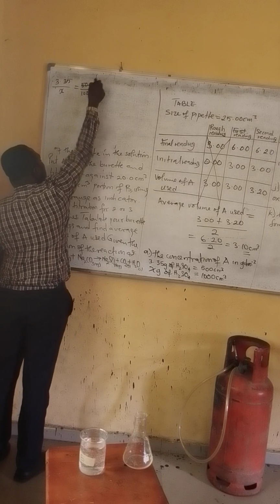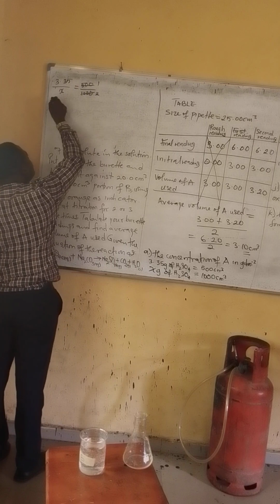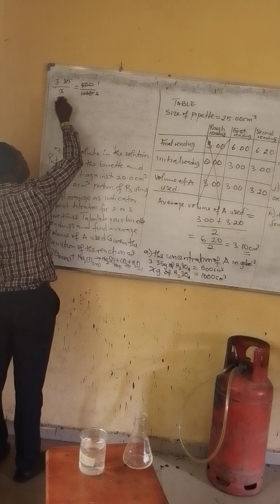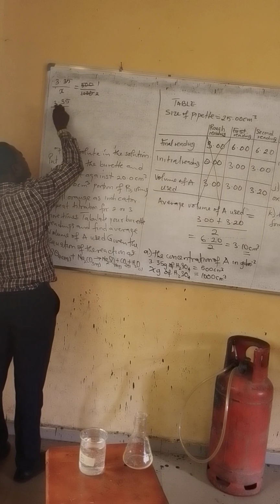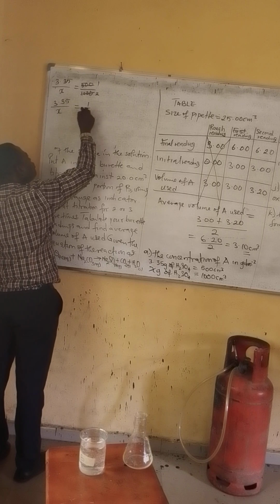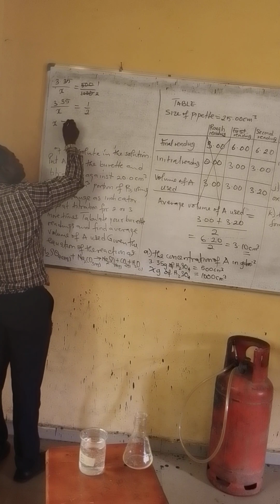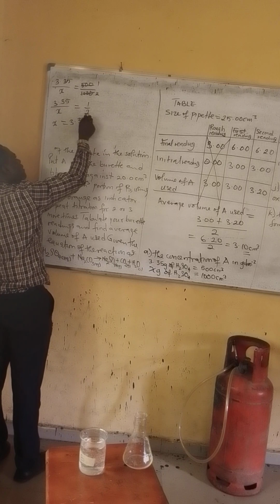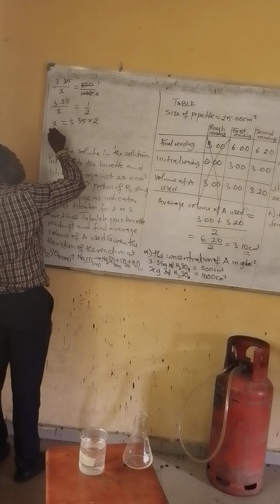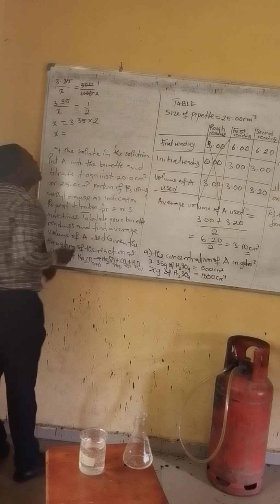And we know 500 here is 1, 500 here is 2. So we have 3.35 over x is equal to 1 over 2. We cross multiply, we have x times 1, x, is equal to 3.35 times 2. So our x now becomes what?